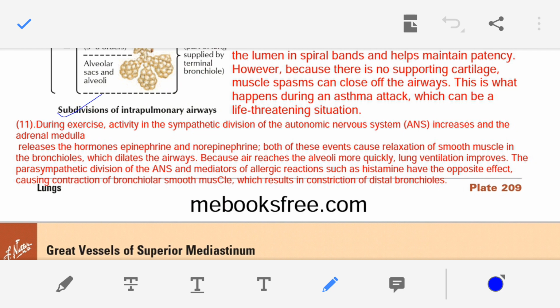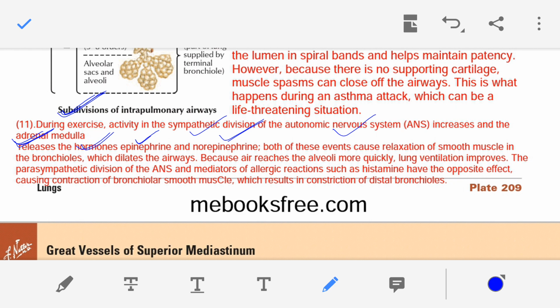When the person is doing exercise, let's say in the gym or any form of exercise, aerobic or yoga or cycling or running or cardio, what happens is that the sympathetic division of the ANS becomes active, and the adrenal medulla releases the hormones epinephrine and norepinephrine.